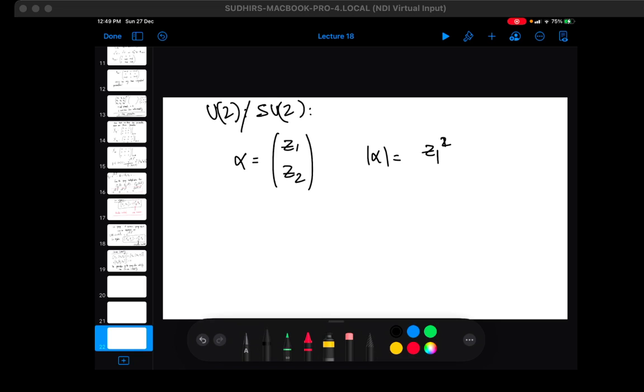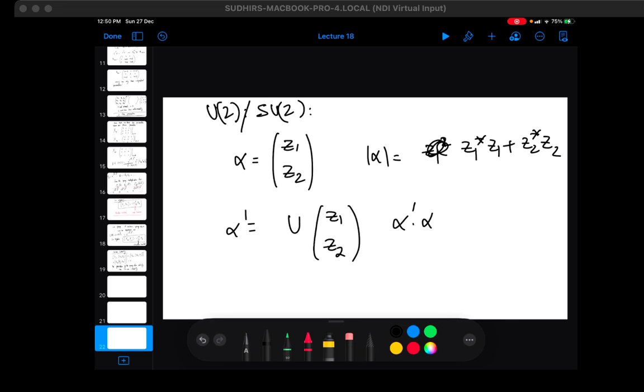So alpha prime is equal to u times Z1, Z2. Alpha prime dot alpha should be equivalent to alpha dot alpha. That's essentially the point.